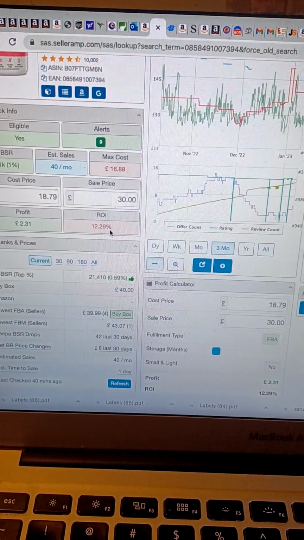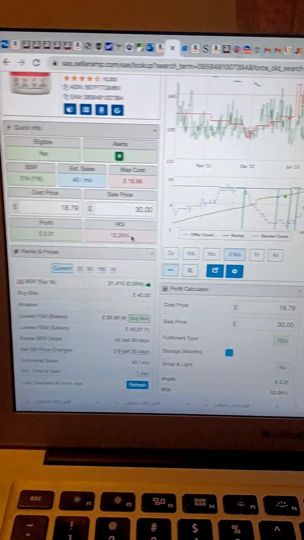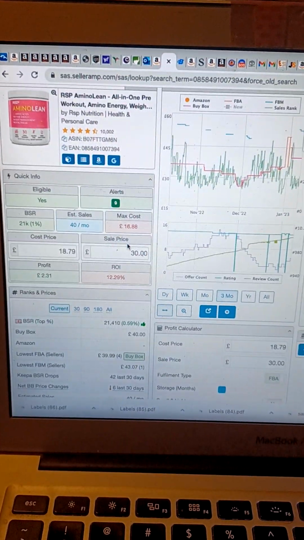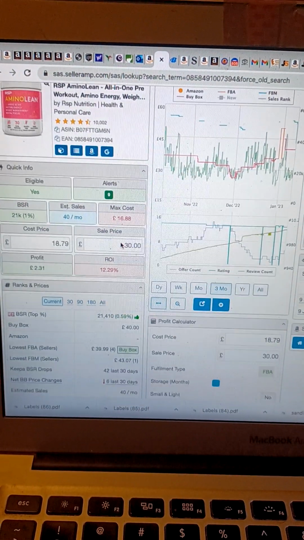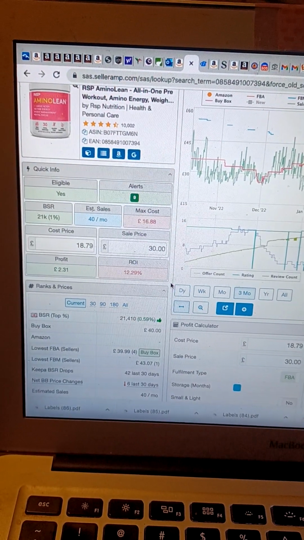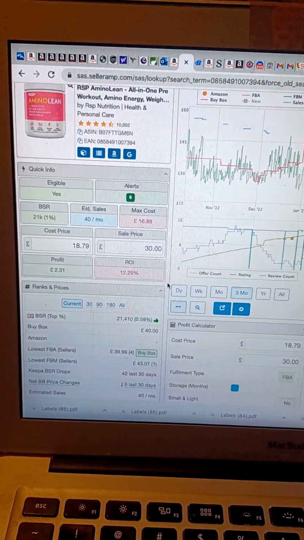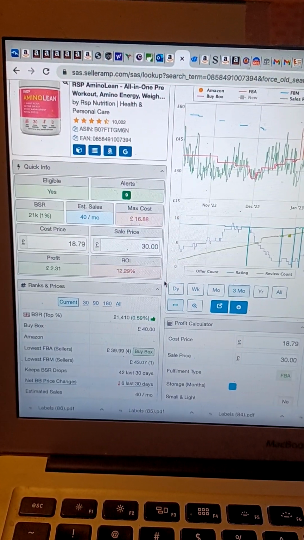As you see, the red figure here, that's too low. If I was looking at a product and had an ROI of 12%, there's no point. You are going to lose money, because there are returns, there are things that go wrong, Amazon lose your stock, there are costs you don't even account for, and there's no business that runs on 12% profit.